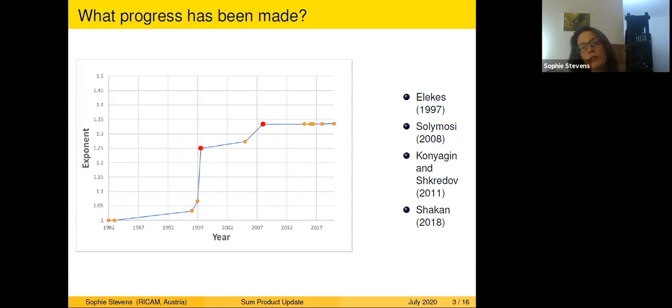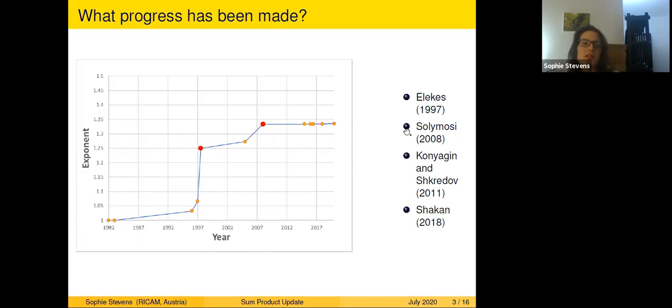Konyagin and Shkredov use lots of machinery from different types of maths. So in particular, they use things like Szemerédi–Trotter, they use the operator method. And what this means is actually that their argument inherits lots of different language from many different types of maths, which means that maybe their argument has far more levels of sophistication than it needs.